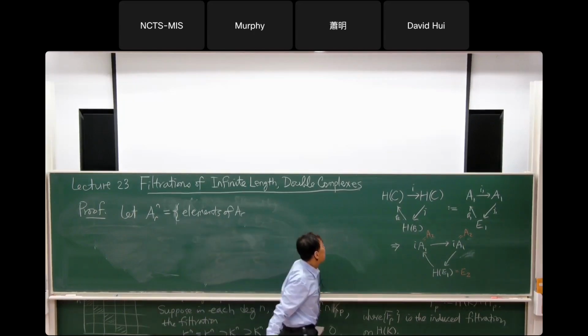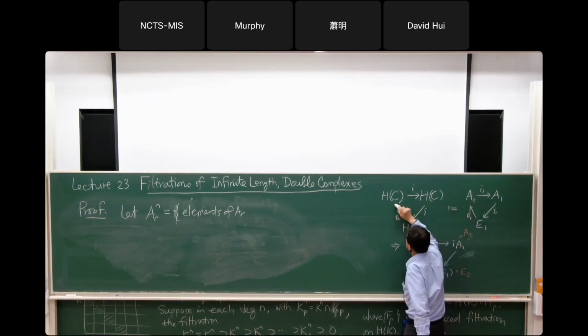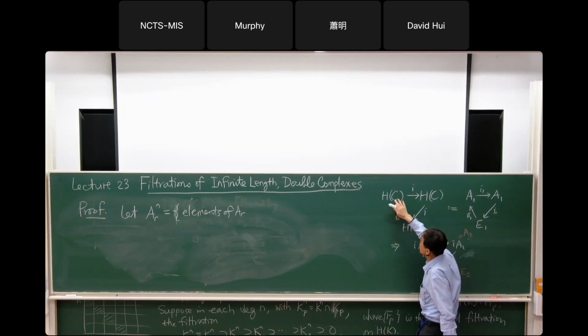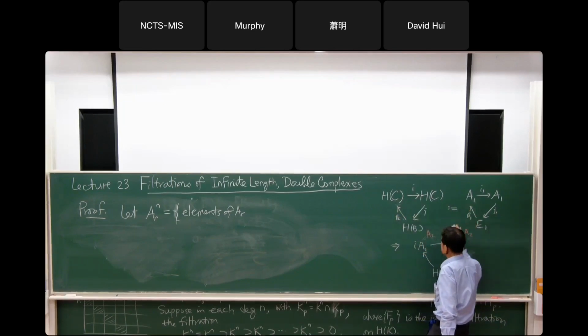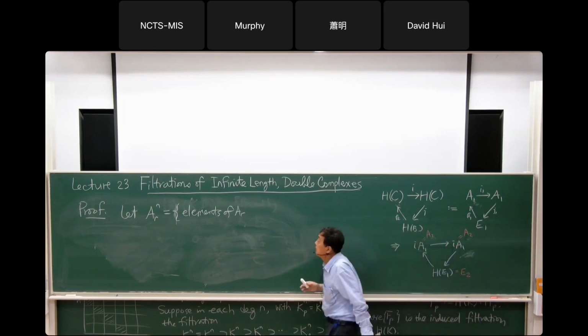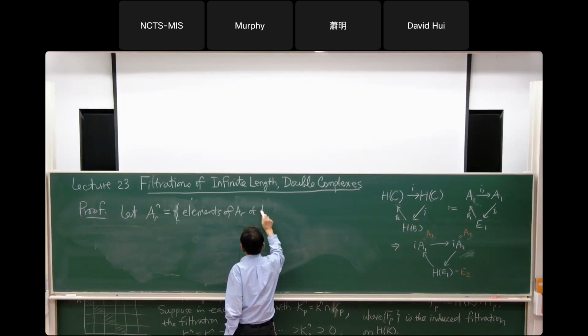Because A1 is the cohomology of C, so every element has a degree, and A2 is I(A1), a subgroup of A1. So every element has a degree, so you can look at elements of A_r of degree n.